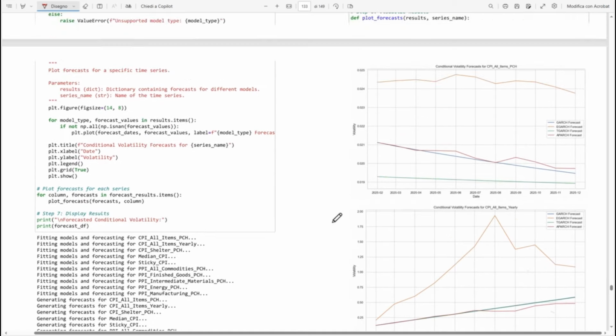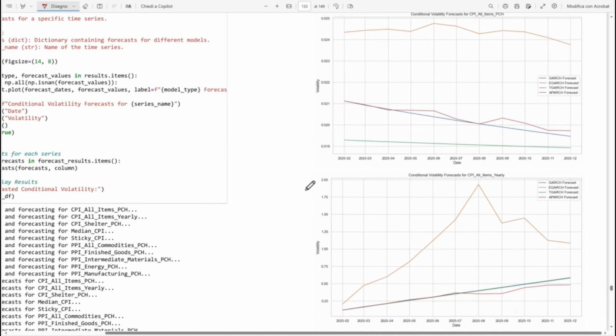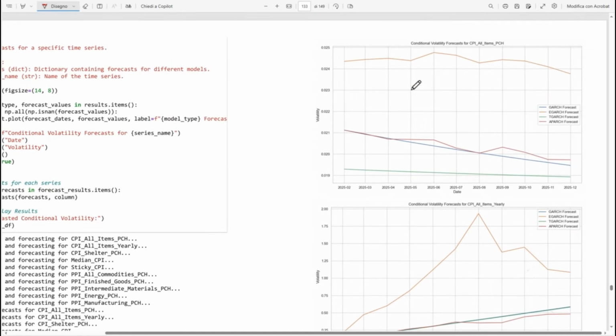Then I tried to have some conditional volatility forecast for this inflation time series, and according to the models, we can see the conditional volatility going forward in 2025. This forecast is without the exogenous variable of the tariffs.